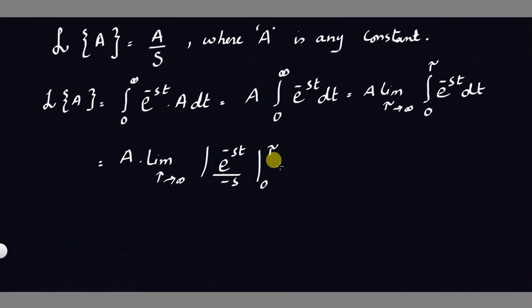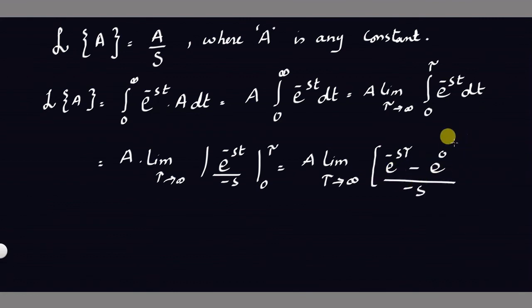After simplification, of course, since we have done this before in 2 different examples, what we have left is e raised to the power minus s tau, e raised to the power minus 0, divided by negative s, and if we apply the limit, what will we have?